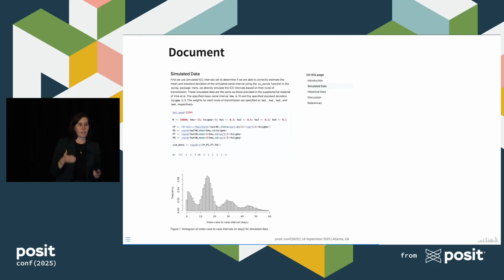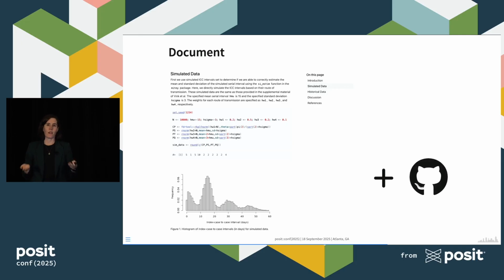The other really nice feature of a vignette is that it can be version controlled in the same way as your code. So whereas if you have a Word file, that Word file is being tracked via Word's track changes, and it's separate from your code. So it increases the likelihood that those two documents are going to be out of sync.